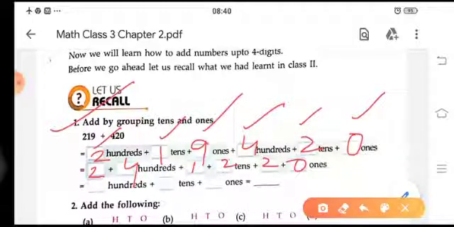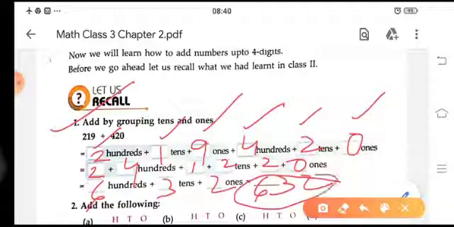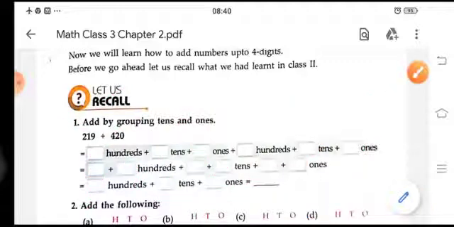So 2 plus 4 is 6, 1 plus 2 is 3, 9 plus 0 is 9. So the number becomes 639. If we add 219 plus 420, it will come 639. Okay, children, let's move to the next question.